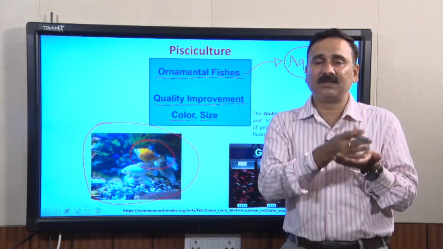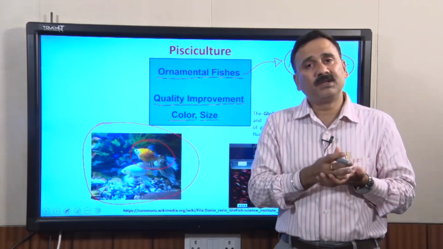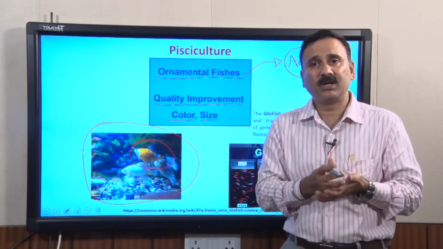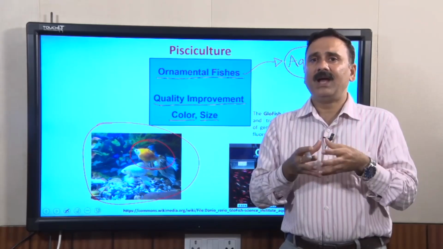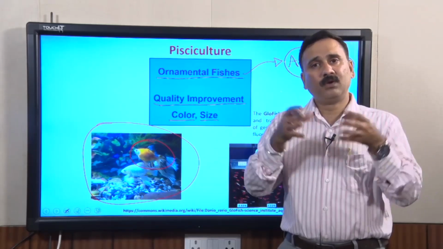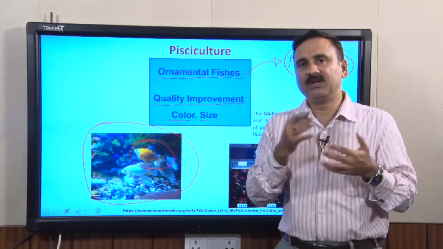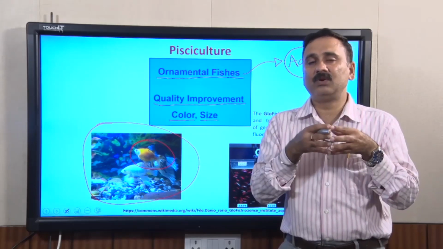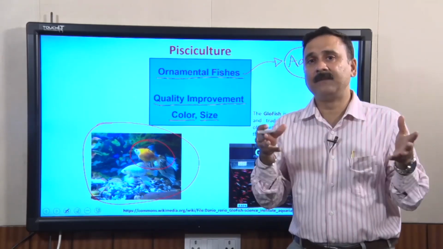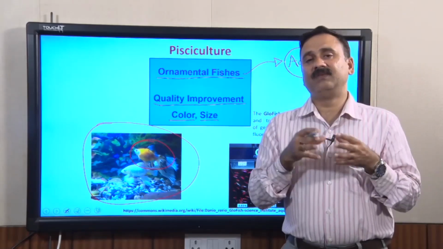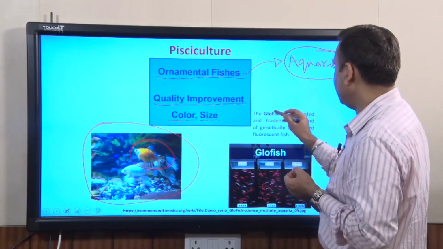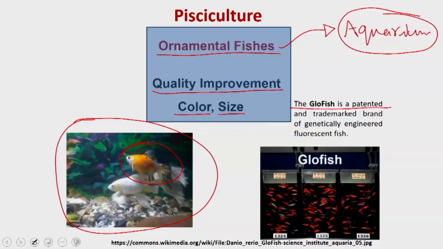They started expressing green fluorescent proteins, red fluorescent proteins, yellow fluorescent proteins, and so on, and they also discovered some other fluorescent proteins. Because of that, they were able to generate fluorescent fishes, and they named these fishes the glow fishes. The GloFish is a patented and trademarked brand of genetically engineered fluorescent fishes.